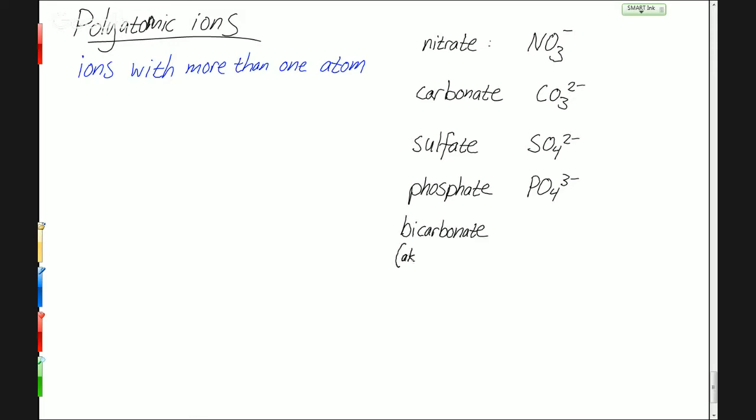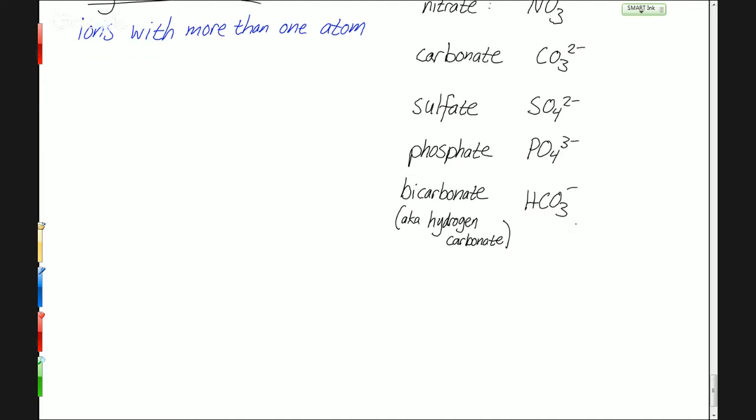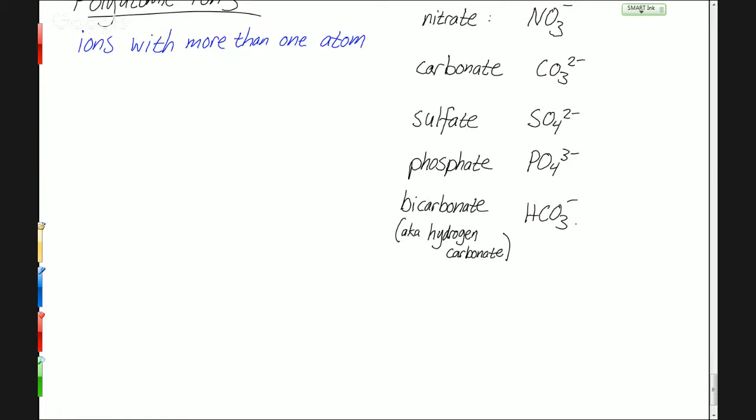Bicarbonate, also known as hydrogen carbonate. That's the baking soda stuff. And one that's positive, ammonium, which is NH4 plus 1.